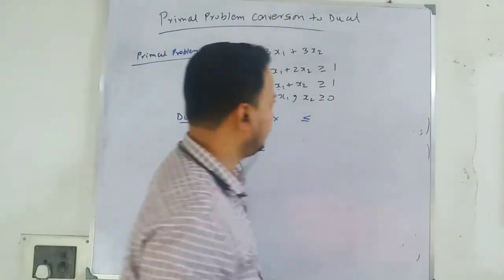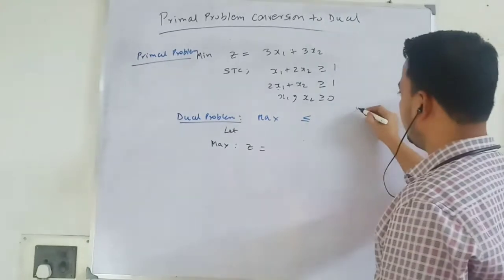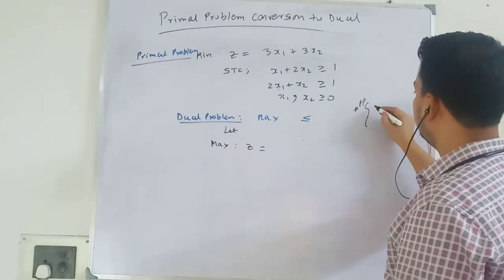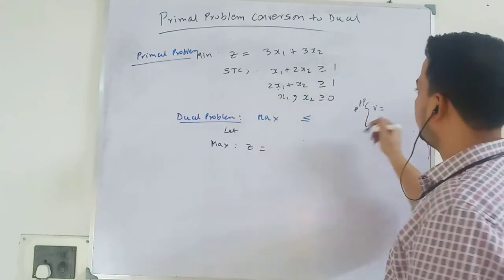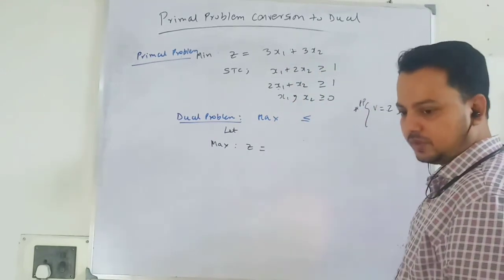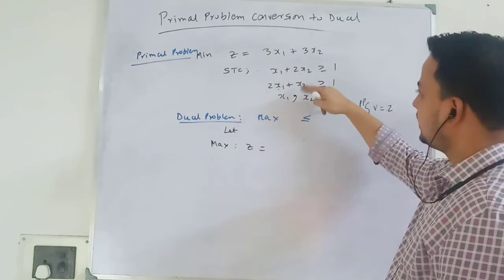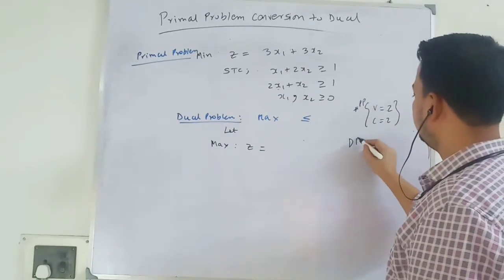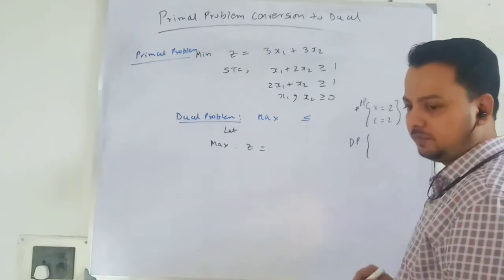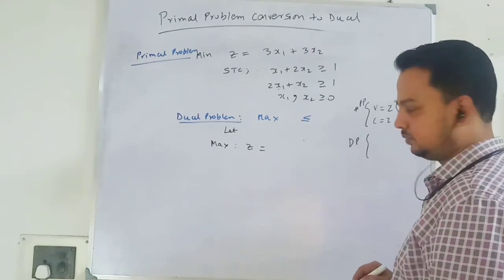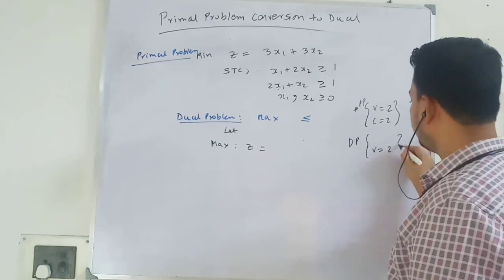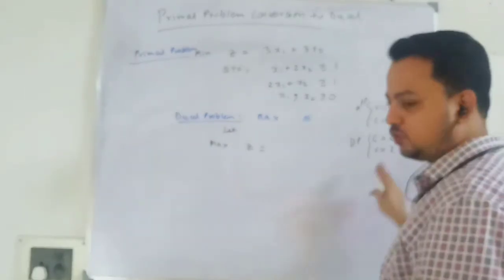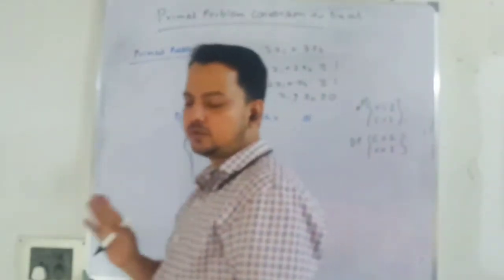How many constraints? 2 constraints. So in the dual problem, how many variables will I have? 2, and 2 constraints. Since I have 2 decision variables, I can use the graphical method.